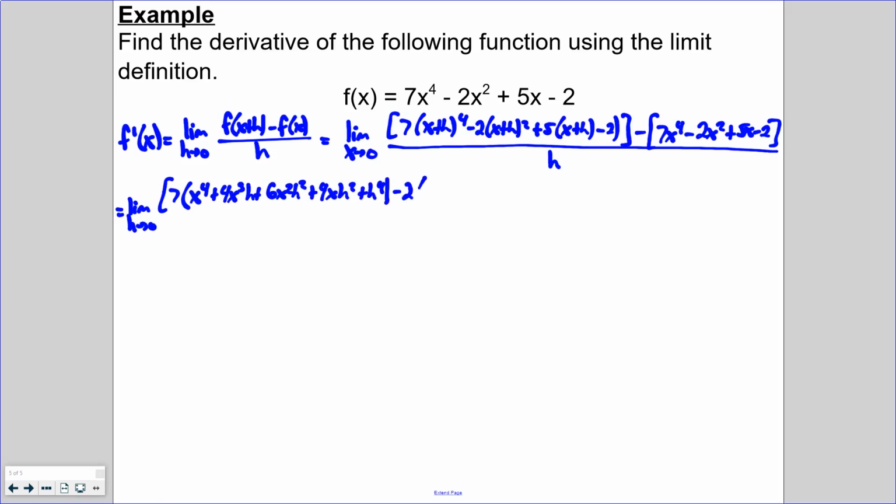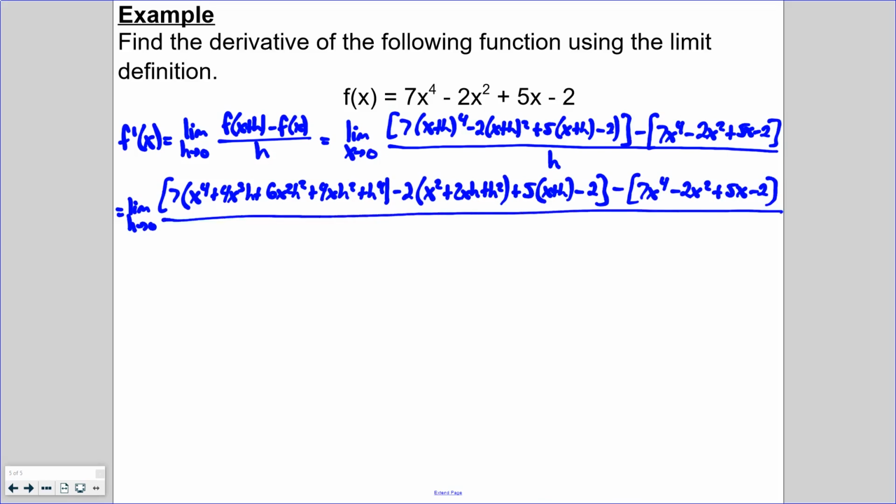Then minus 2 times x plus h squared, we know, is x squared plus 2xh plus h squared, plus 5 times x plus h, minus 2. And then minus our function 7x to the fourth minus 2x squared plus 5x minus 2. And this entire monster is all over h. So, whew, let's keep rocking.